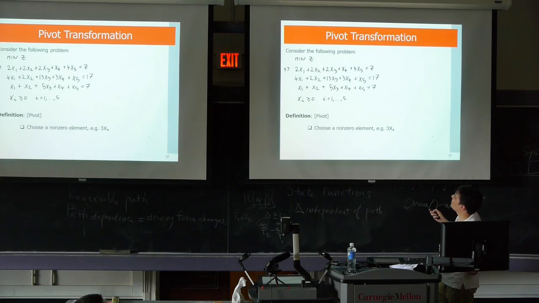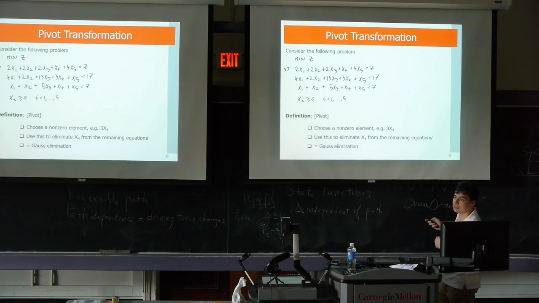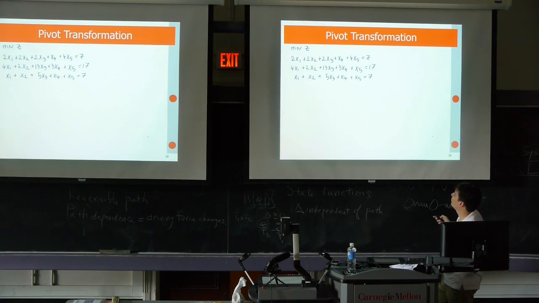We choose a non-zero element in this matrix A. For example, I can see that the multiplier of x4 is 3. 3 is non-zero, so I choose that and make a pivot there, which means that I want to modify this coefficient to 1, and I want to use this equation to cancel x4 from the other equations. So we will divide this equation by 3, and then subtract it from the other two, and that eliminates x4 from the other equations.